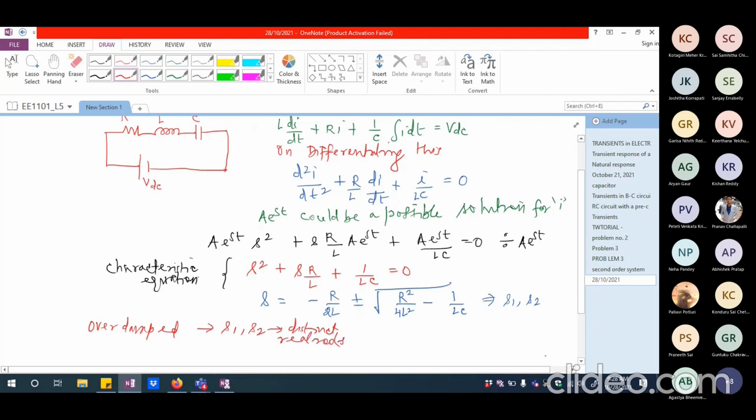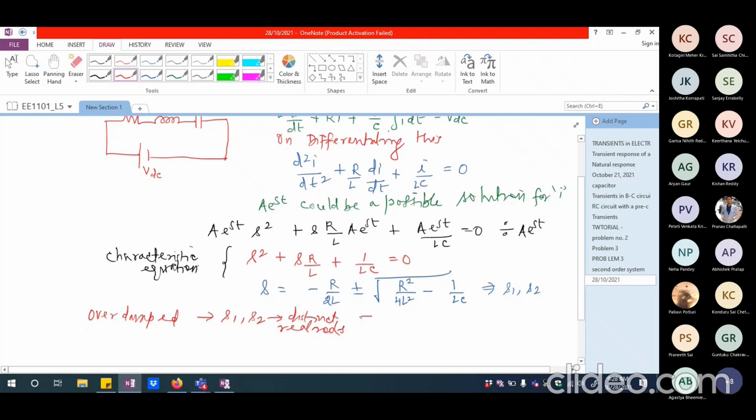So when we talk about distinct real roots, we are essentially talking about R square by 4L square being greater than 1 by LC, that is, R divided by 2L is going to be greater than 1 by root LC.